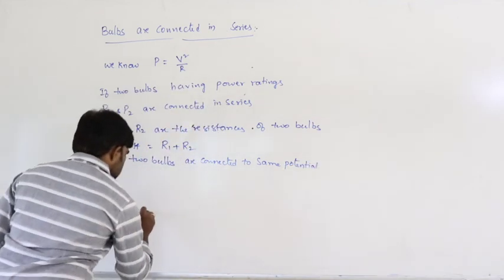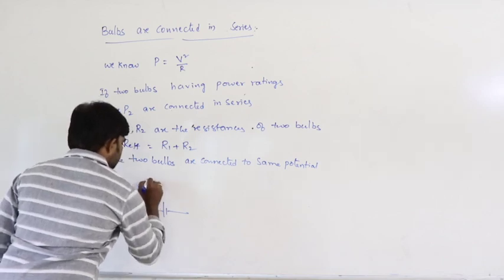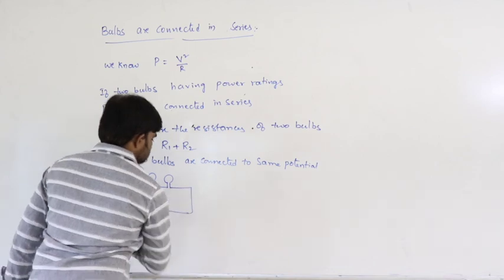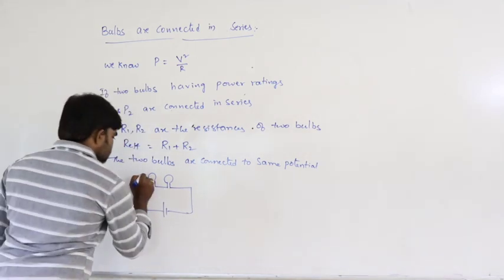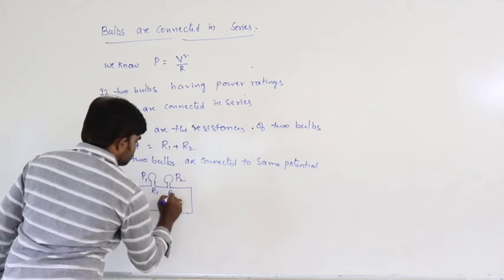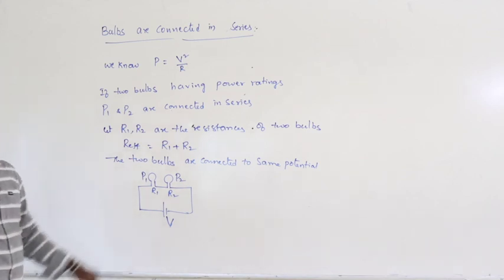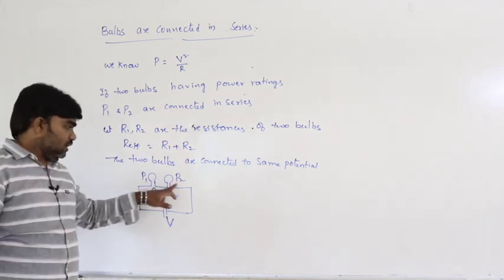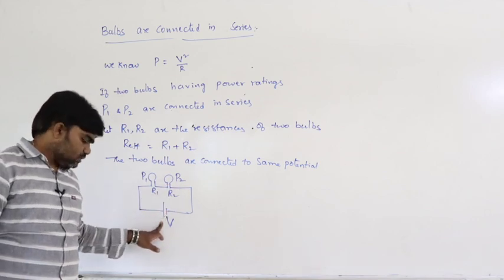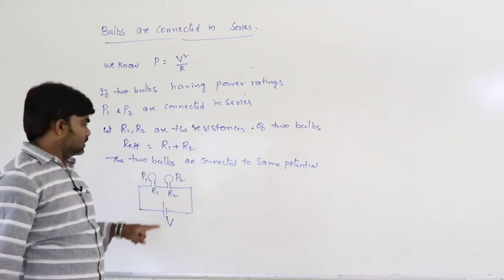Two bulbs, let us say this power rating is P1, this power rating is P2, this resistance is R1, this resistance is R2. If these two are connected to the same potential, these two bulbs are in series. So effective resistance is equals to R1 plus R2.